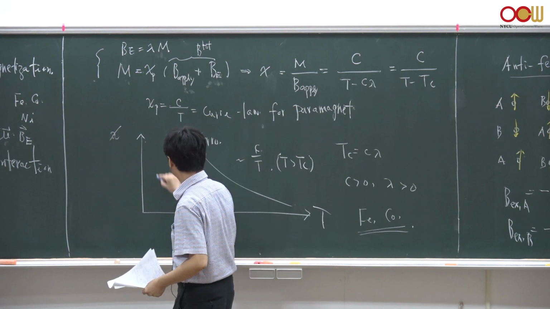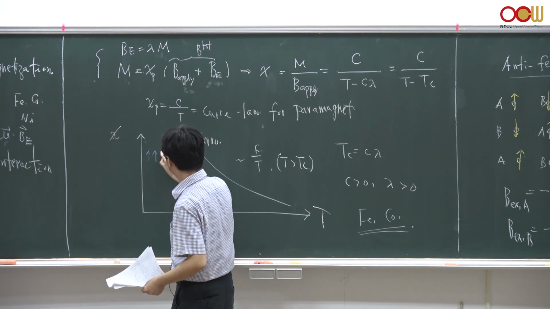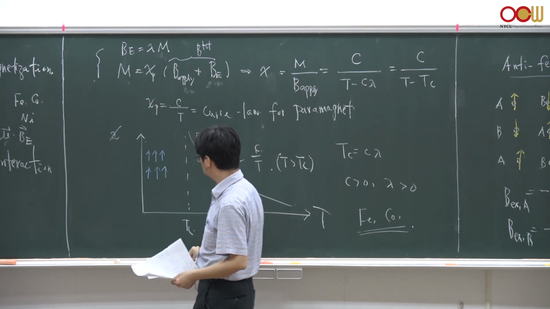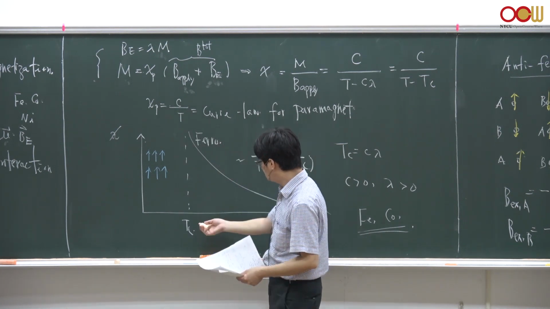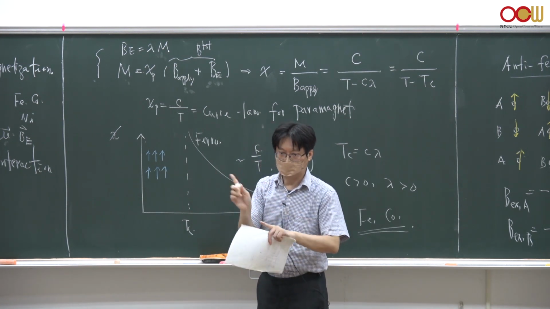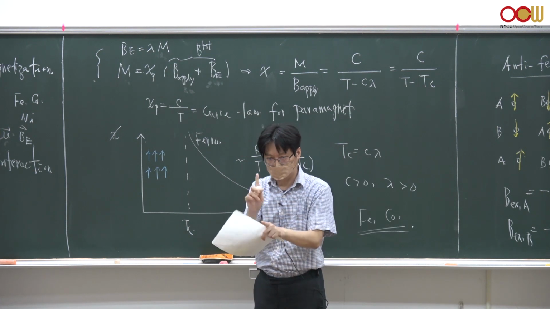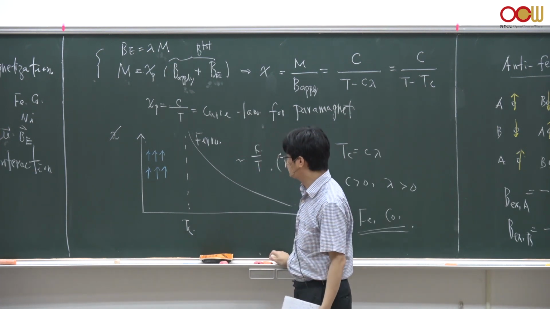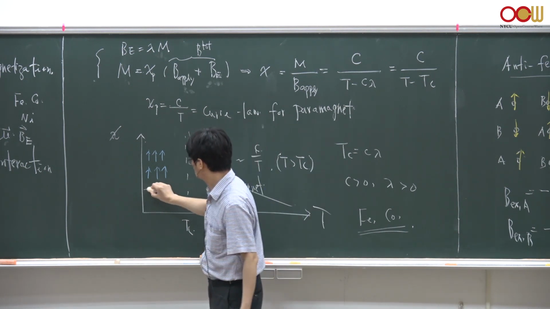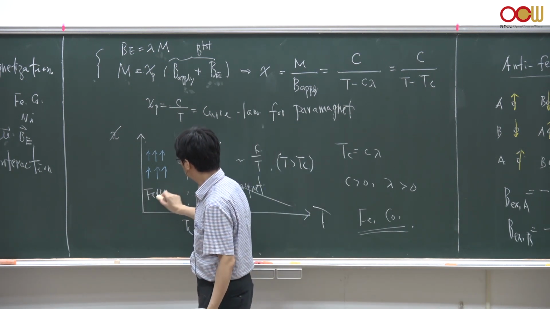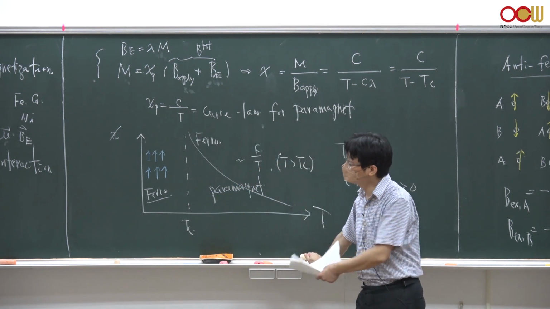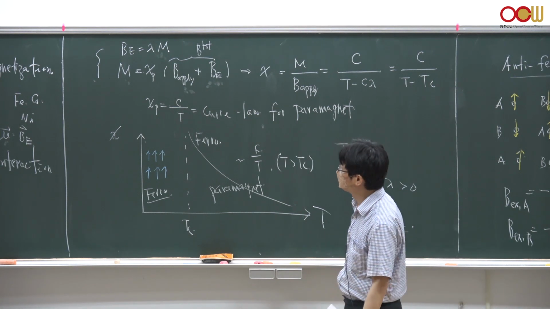So all the spins are ordered when temperature is below a critical temperature called the ordering temperature Tc, but above Tc the spins or magnetic moments are disordered, or randomly distributed, so that they follow the paramagnetic behavior. But as long as you lower the temperature to below Tc, all the spins are ordered. And this is the phenomenon for ferromagnets.